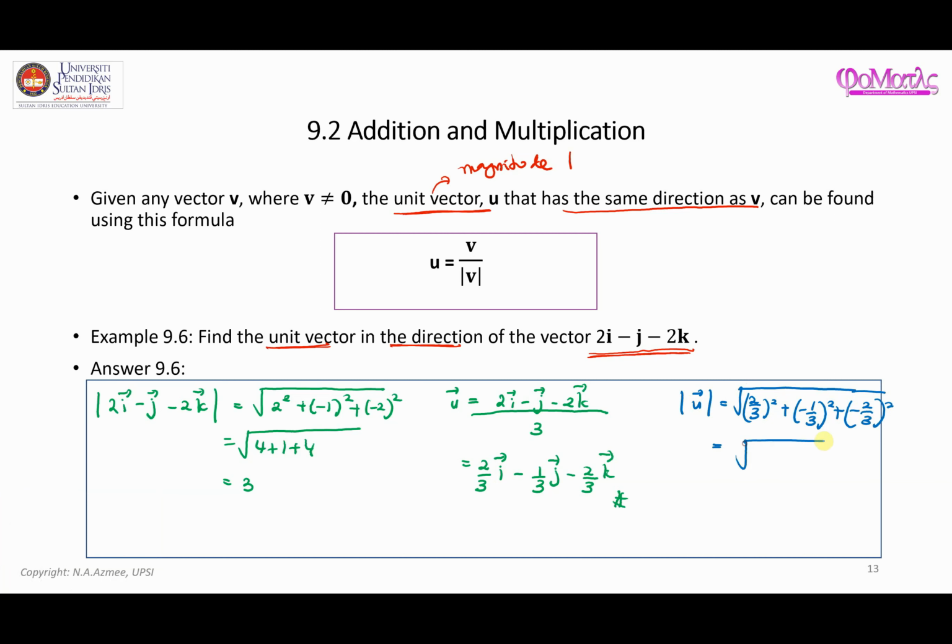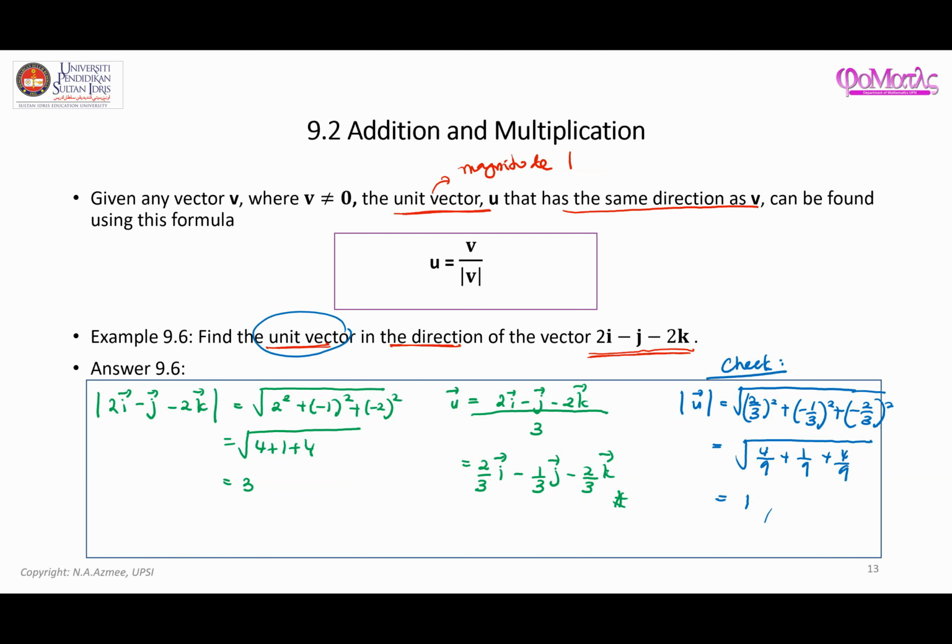And this can be simplified as 4 over 9 plus 1 over 9 plus 4 over 9, and the answer is equal to 1. So therefore vector u here is the unit vector, and we can be certain that the answer that we got here is correct. This is just a checking process.